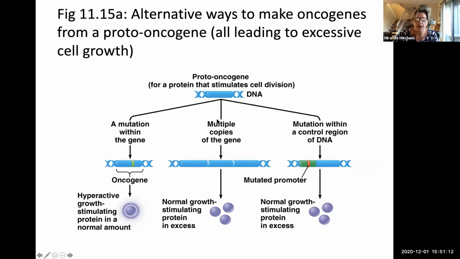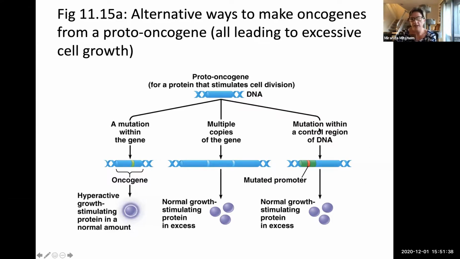Another example can happen where we have a proto-oncogene carrying multiple copies of a gene. And now we get our normal growth. We get too much of this growth, not normal growth. We get too much expression of growth factor, which then can lead to excessive cell growth.